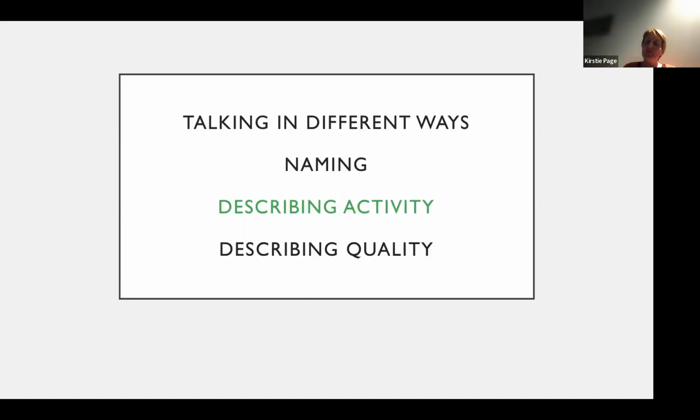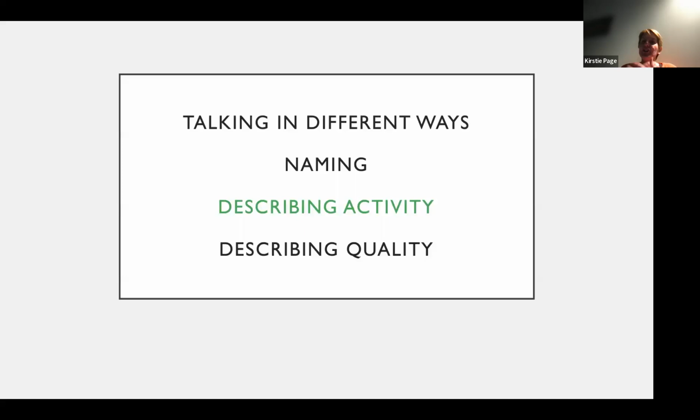So when you are using your interactions to model language, make sure that you are balancing modeling all of those three things and deliberately prioritizing that use of verbs to describe activity, because that's probably the poor relation sometimes of our interactions.